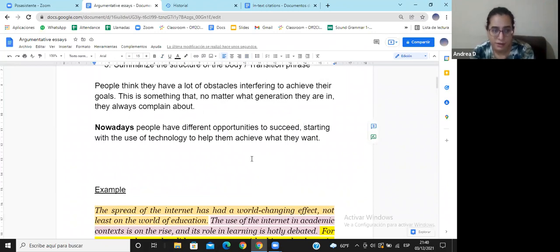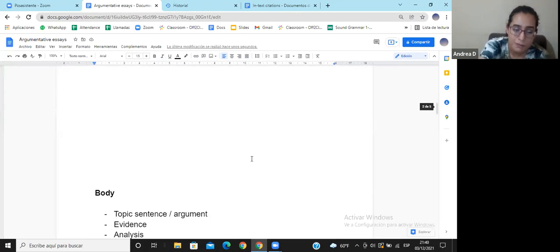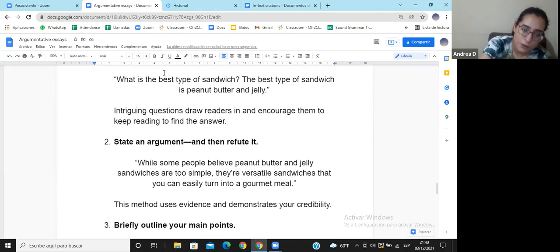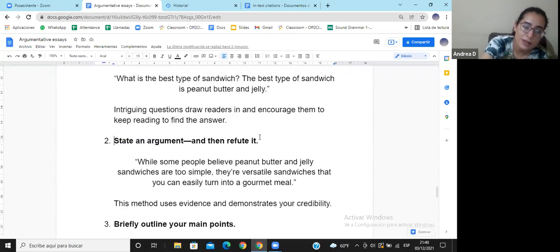However, I think that their life was easier. That's an interesting way of doing something like that, and it's actually something that we were planning to see. So an idea for an introduction is to state an argument and then refute it.